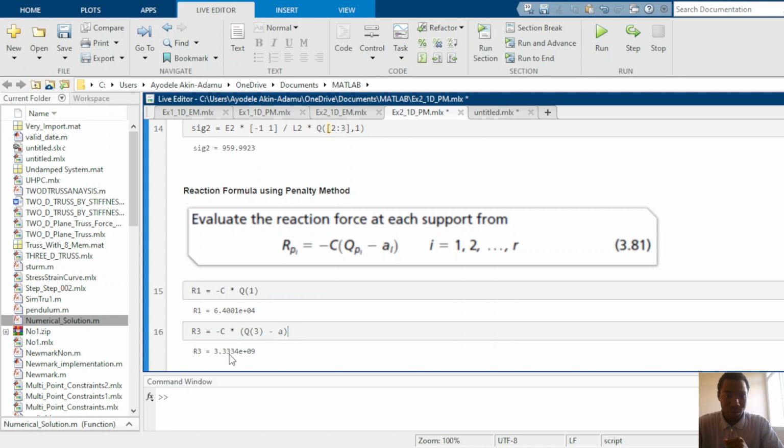We see R3 to be equal to 3.33 times 10 raised to power 9. What is going on? I'm very sorry, but I think there must be a mistake somewhere in my Matlab code, because R3 is supposed to give us 10,000 Newton, or 10 kilonewton.